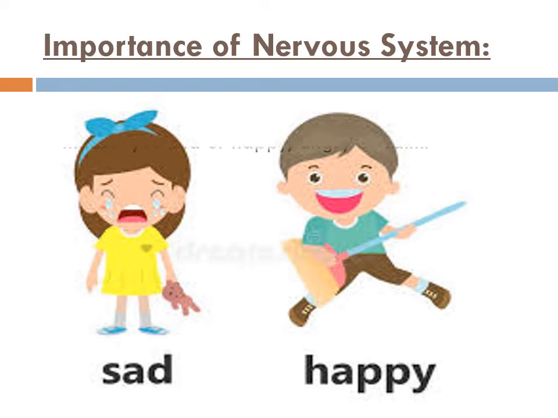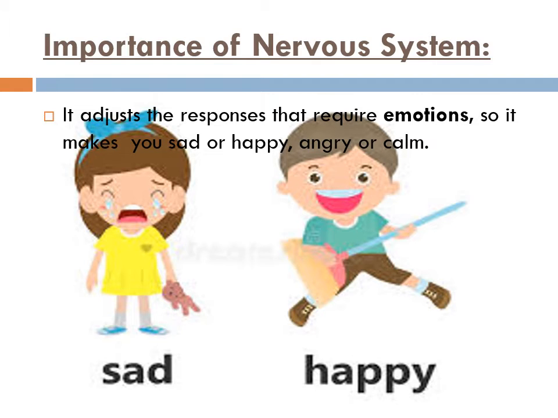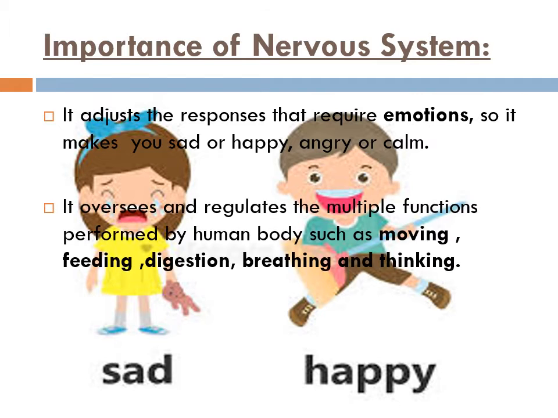Another importance, it adjusts responses that require emotions, so it makes you sad or happy, angry or calm. And it oversees and regulates the multiple functions performed by the human body, such as moving, feeding, digestion, breathing, and thinking.